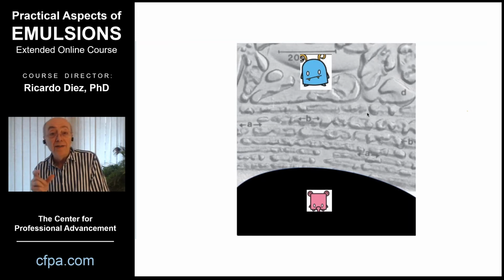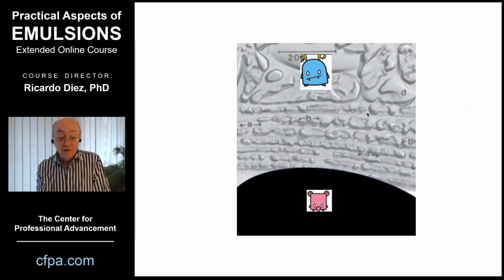Now, the reason why these rings and structures are very important, not only because they control sensoriality and stability, but because these little animals that I put over there intend to be actives. So this one here is an oil-soluble active, whether it's a pharmaceutical active or cosmetic active, and the other is meant to be a water-soluble active.